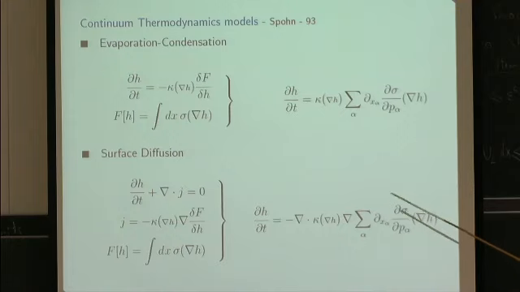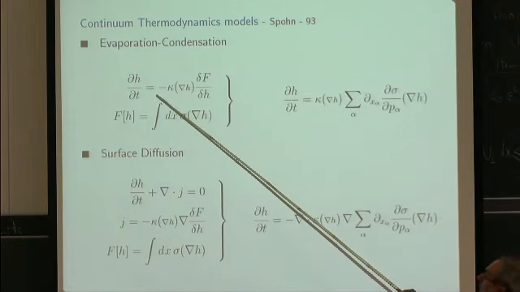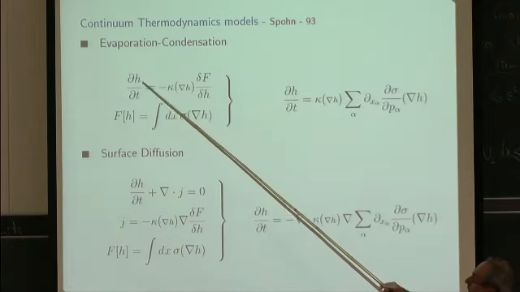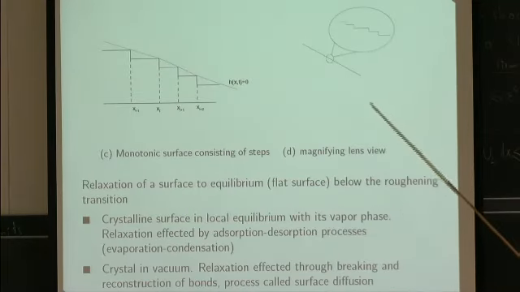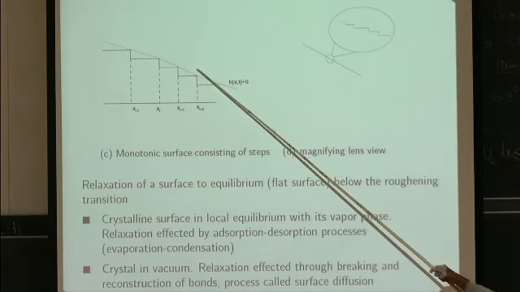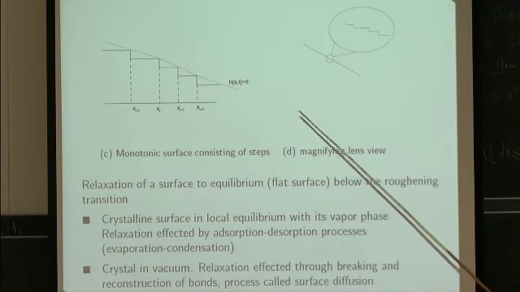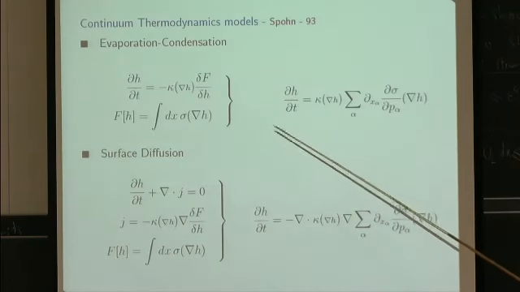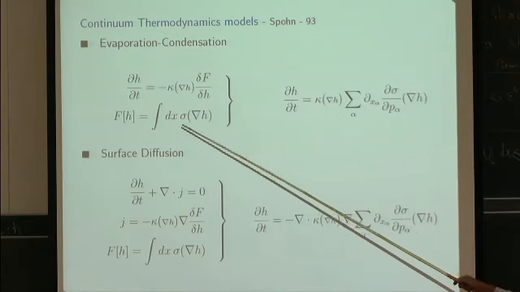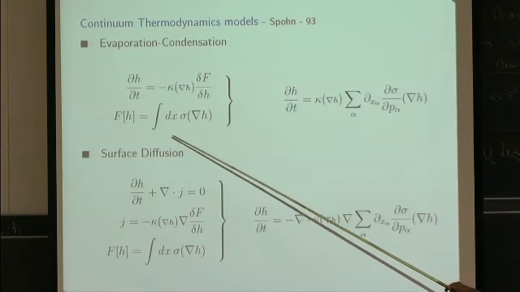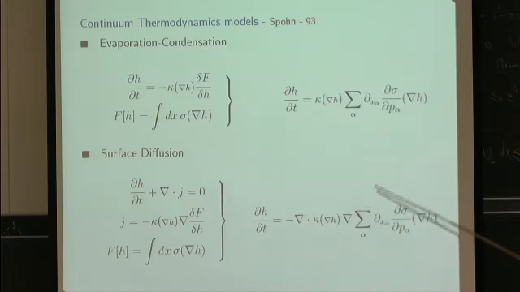So in the evaporation condensation process, the model is that h is the height of the surface. Let me go back. So this is the height of the surface, which is moving with respect to the gradient, where the function gives you the elastic energy of a surface. And if you compute, you get some kind of second order differential equation in this case.